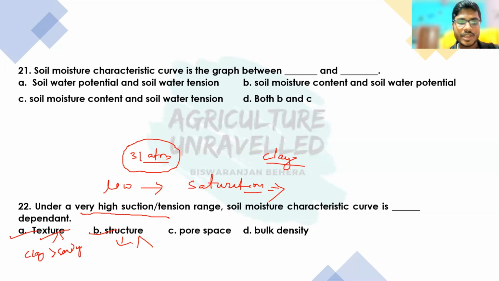But in case of low suction range, that is near to saturation, in case of structure, uncompacted soil contains more water than the compact soil. So I think it is clear now.